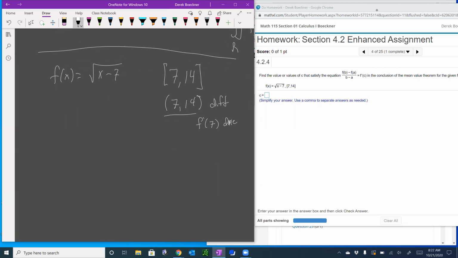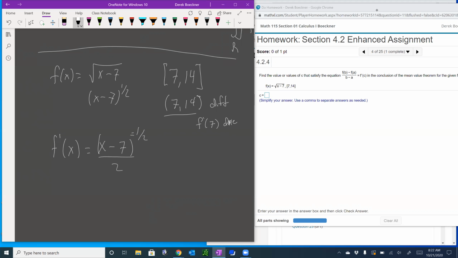I can take the square root of 0, but then I can't put it in the denominator. If I look at the derivative of this, this is x minus 7 to the 1/2, right? So the derivative is x minus 7 to the minus 1/2, and then I have to multiply by 1/2.